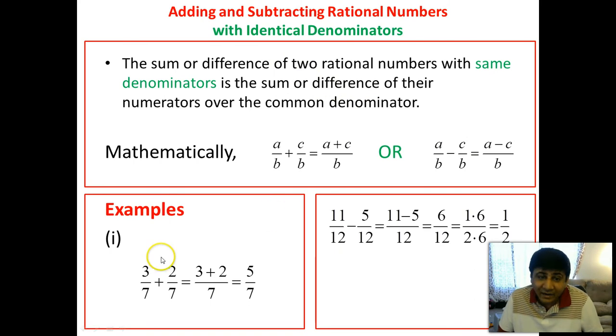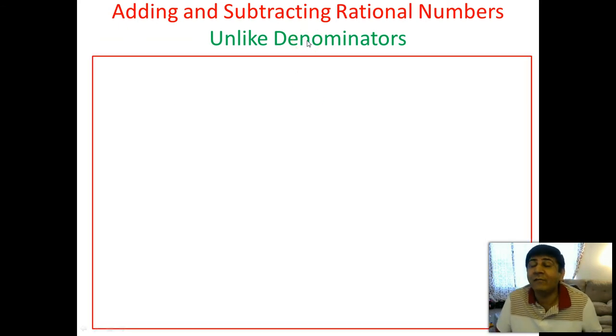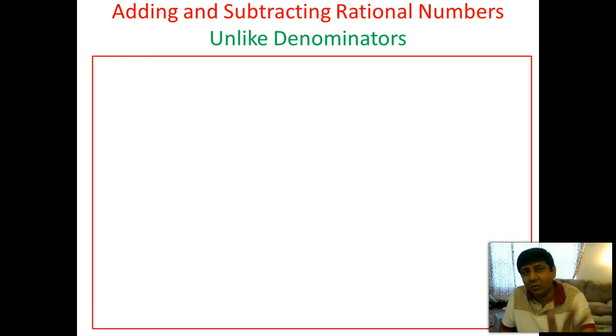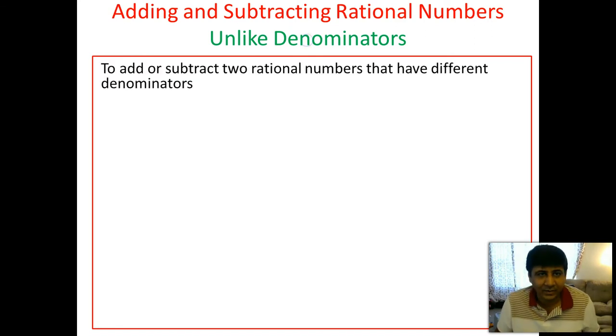Now things get a little trickier if you have different denominators. If you have unlike denominators, how do you do it? You will have to make the denominators the same. Simple as that. As a part of the lecture, I will go over all the technical details of how we make the denominators the same.